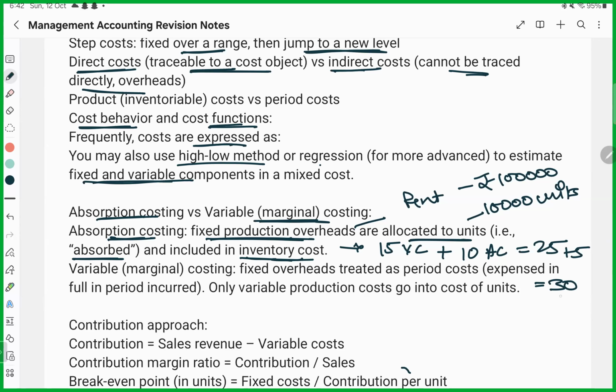When the company will be actually selling the product at 30, now let's see in actual how the profit and loss will look. Say the company is selling the product at 30. How many units is the company manufacturing? The company is manufacturing 10,000 units. So the company will make a revenue of 3 lakh rupees. What is the direct cost that is involved? Say it's 15 rupees variable cost.